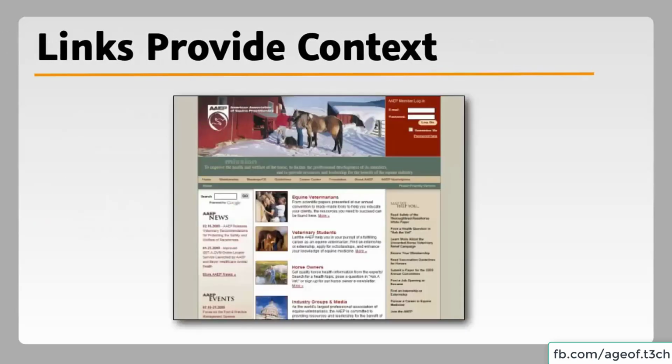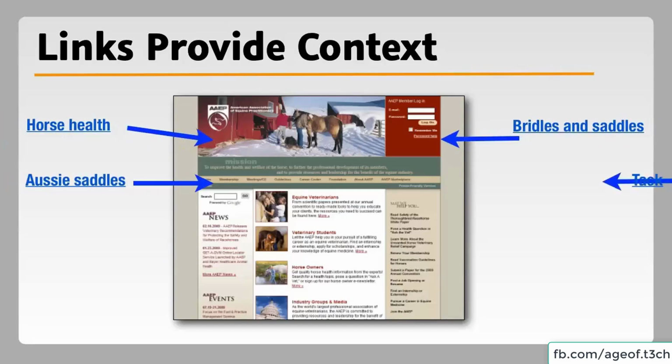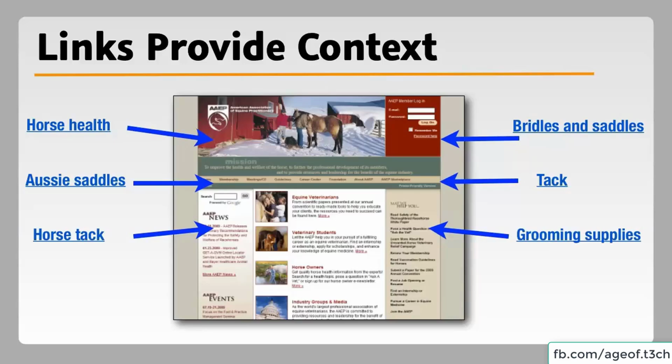Links provide context, as I said, by the anchor text. So if we have a website about horse equipment, you can buy horse tack and products. The blue underlined text is the anchor text from another website. And when they link to this site, what they are doing is saying this website is about horse health.